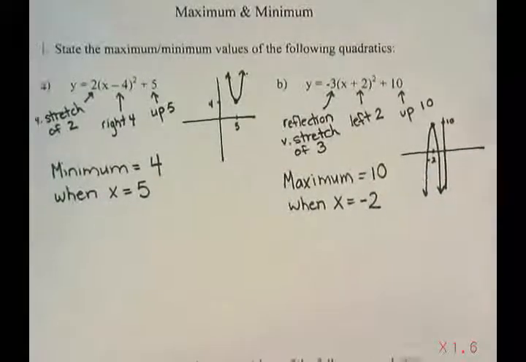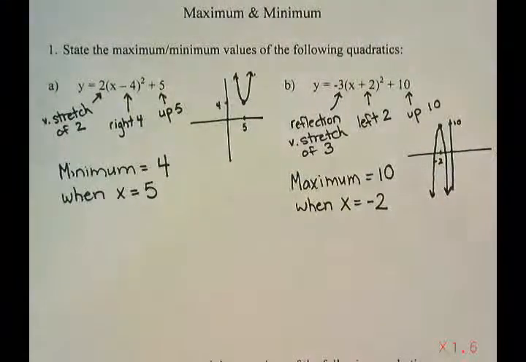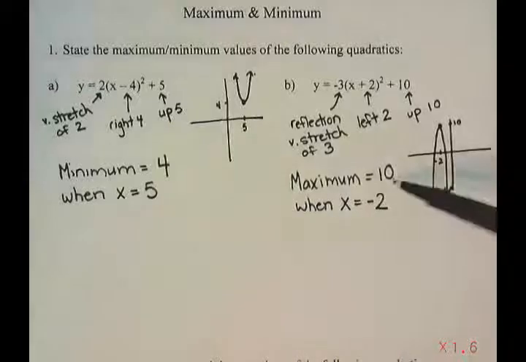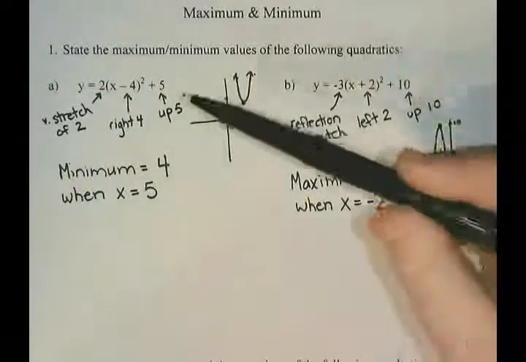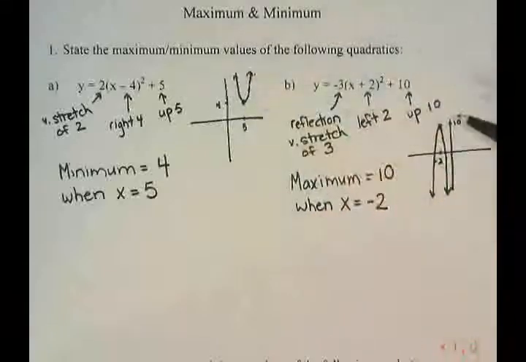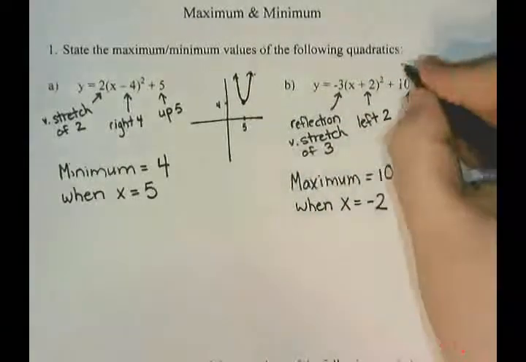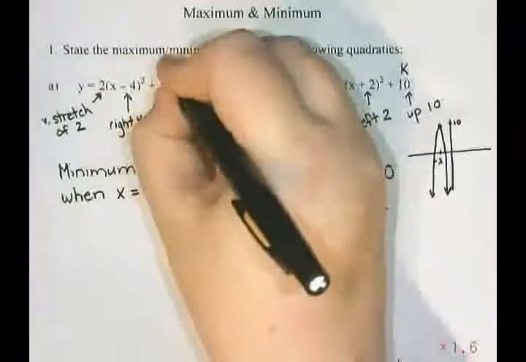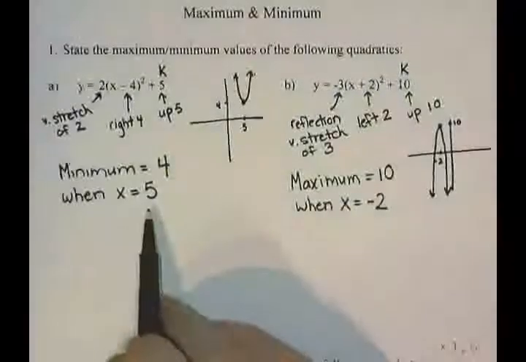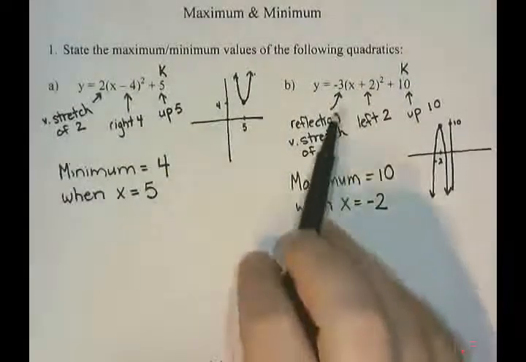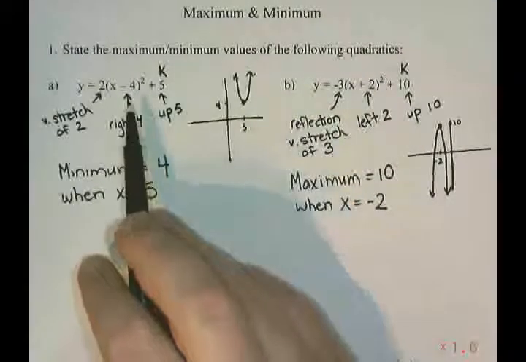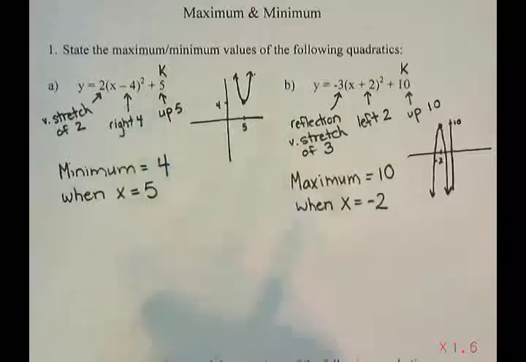Now, there is a way to do this without graphing. You'll notice that the maximum and minimum value in both cases came from that number that told us whether we went up or down, which in our equation is known as the k. And the 4 and the negative 2, you'll notice, came from inside the bracket, except they're opposite what you see there.